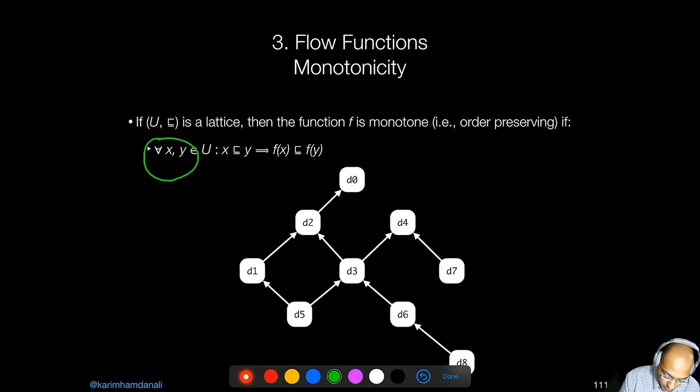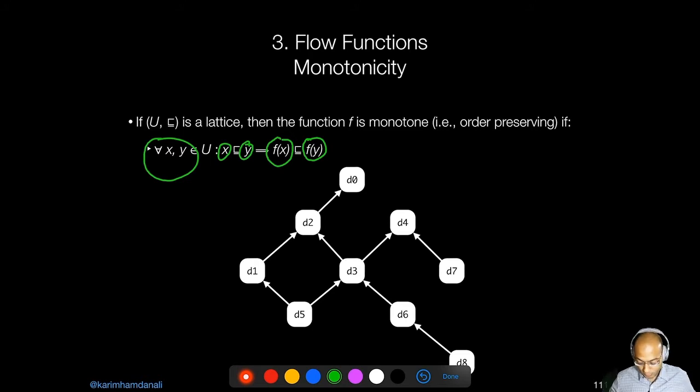If you pick any 2 elements, x and y, from the set U that defines your universe or your domain, and y has a higher order than x, then the result of applying the function f on y must have a higher order, according to the same binary relation, than applying the function on x.